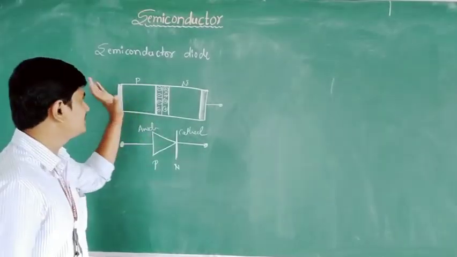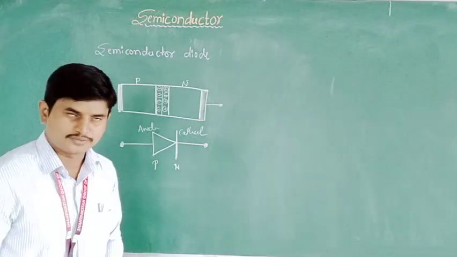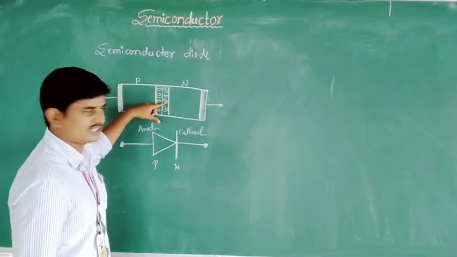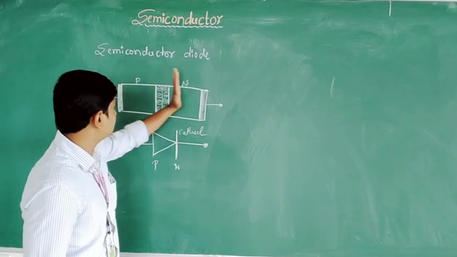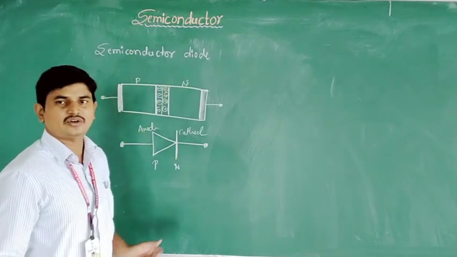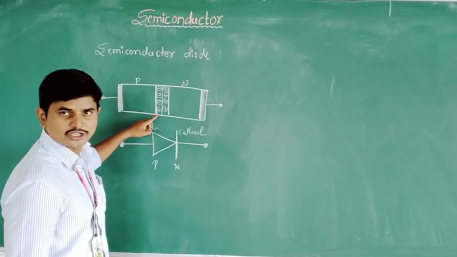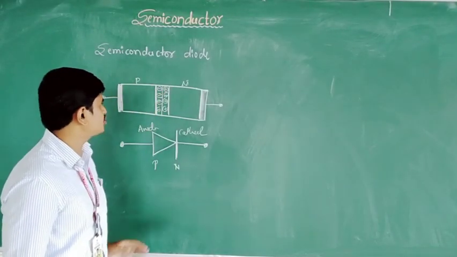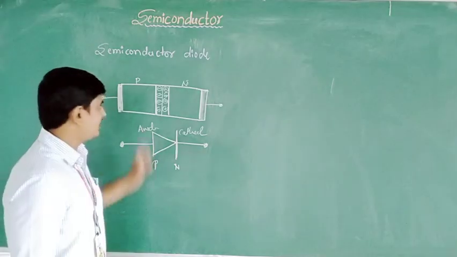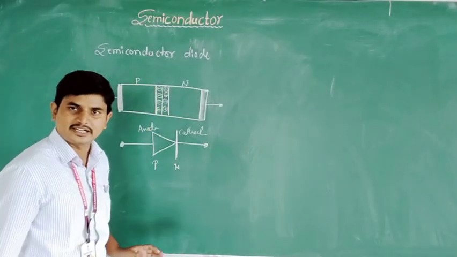This is about the semiconductor diode, and here is a junction between the P-type and N-type semiconductor. That is what we call the PN junction. Here there is a negatively charged layer and a positively charged layer on either side of the P and N type semiconductor.